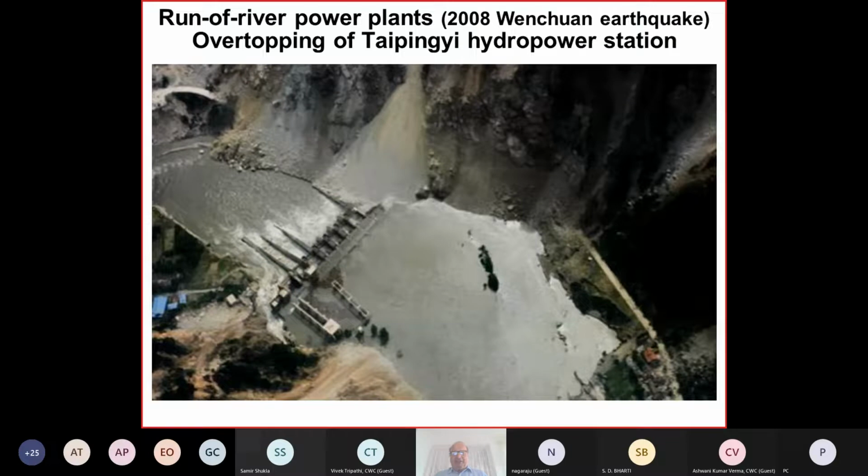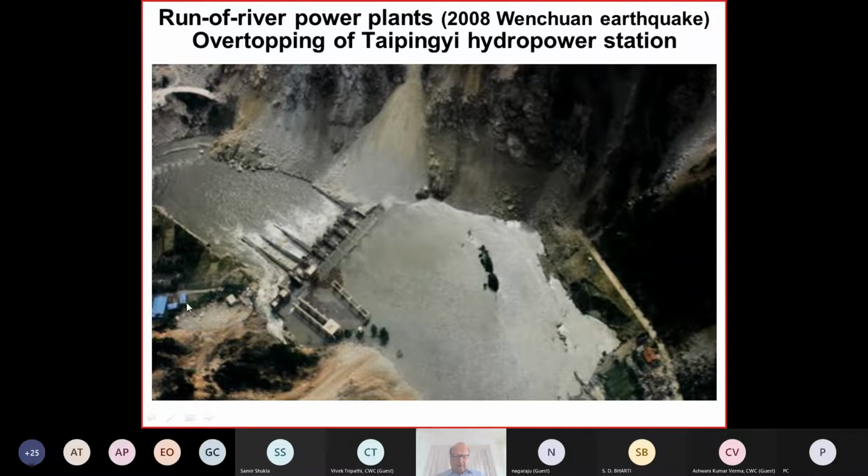Okay, and another issue is, of course, if you have landslides, like here, this is from the Wenchuan earthquake. I have shown it once. Here we see this landslide at the right abutment, and due to the earthquake, here's the intake structure for the power waterways.